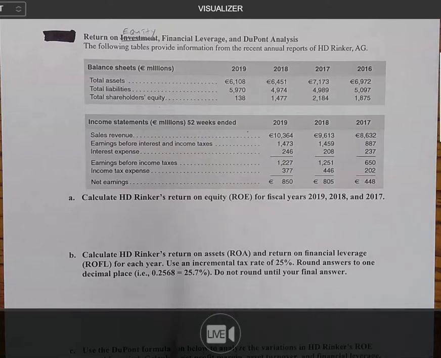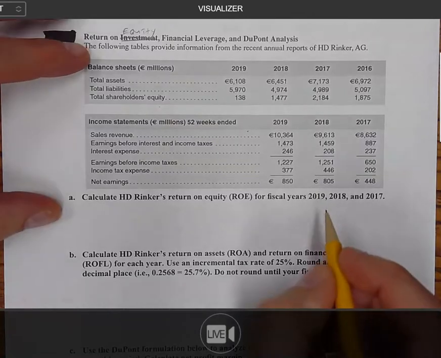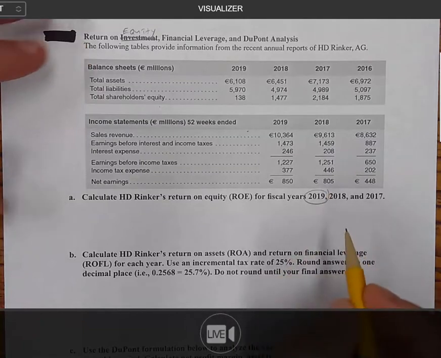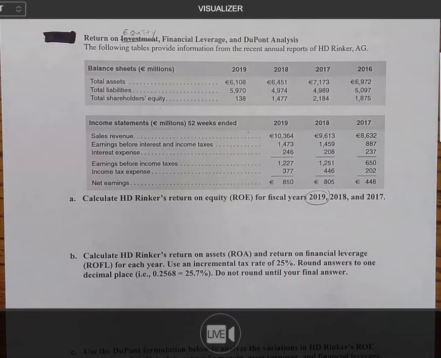For example, on requirement A, it says calculate H.D. Winkler's ROE for fiscal years 2019, 2018, and 2017. So we're going to focus our attention on 2019, and again, we could have picked 2018 or 2017. We just do that in the interest of time.